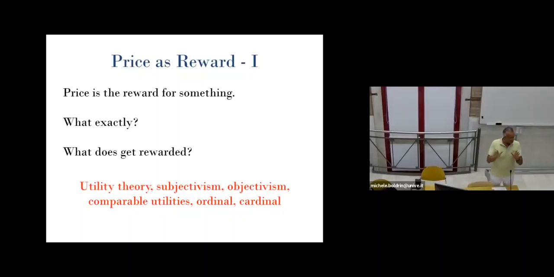I think it was 1860, but it doesn't matter. They must have been thinking about that before publishing, right? So let's put 1850. In 1850, they were having dinner and thinking about it. People started to introduce this view. There is a willingness to pay that is reflected in the price.